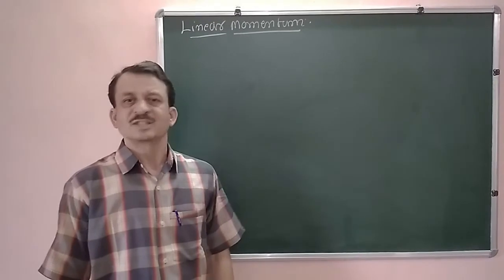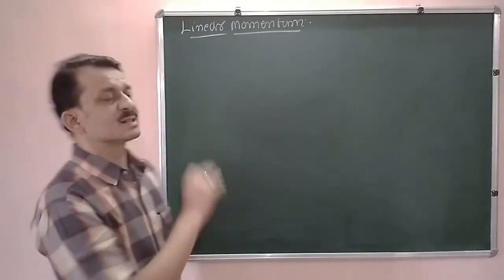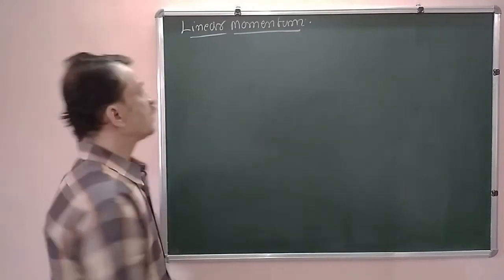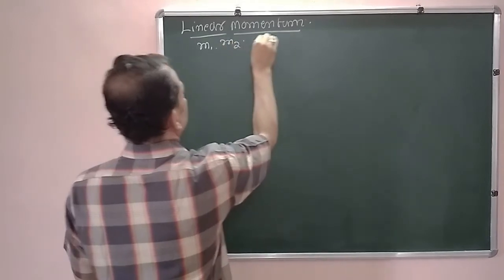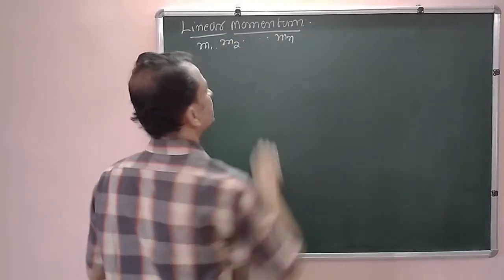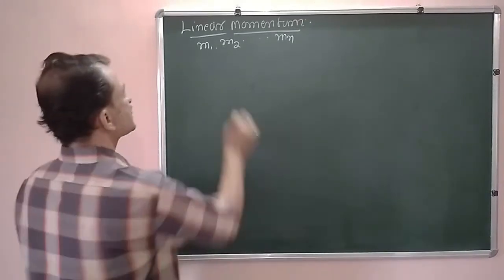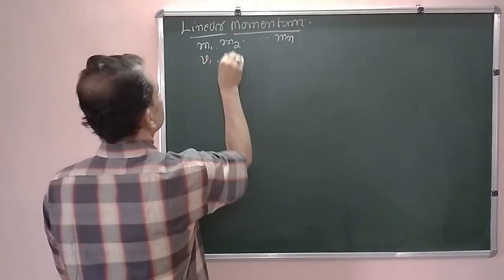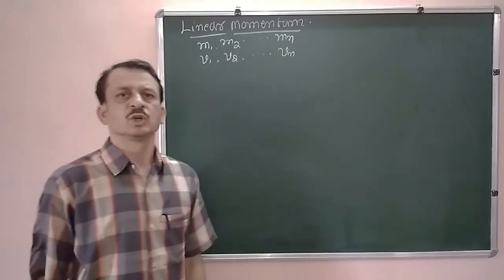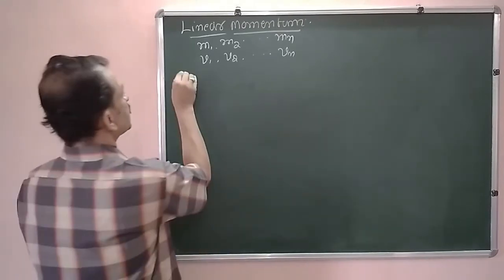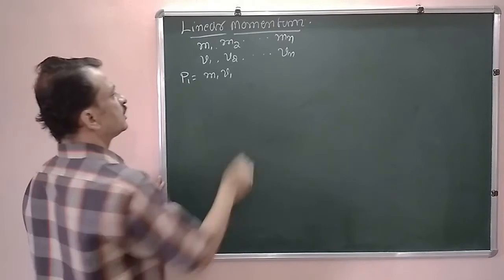Look here. Now we will study the linear momentum of a system of particles. Consider a system of n particles of masses m1, m2, up to mn, moving with velocities v1, v2, up to vn. The momentum of the first particle is P1 equal to m1 v1.